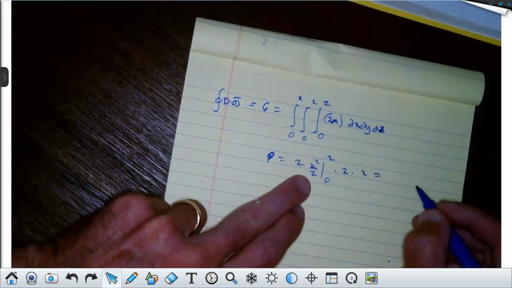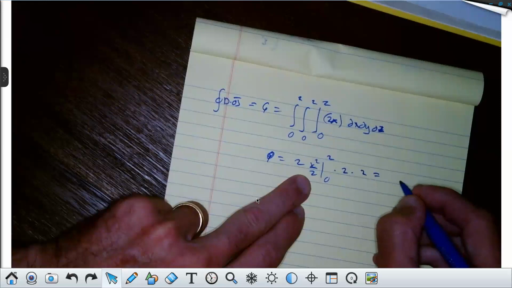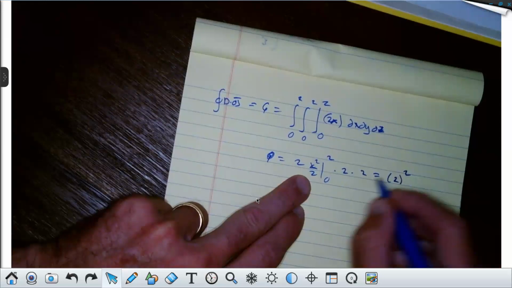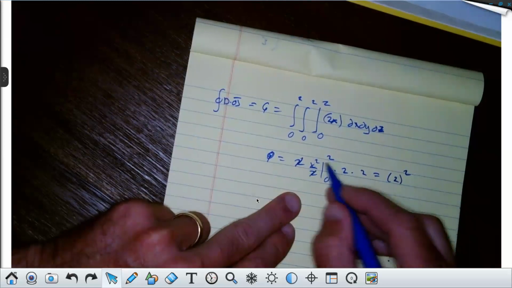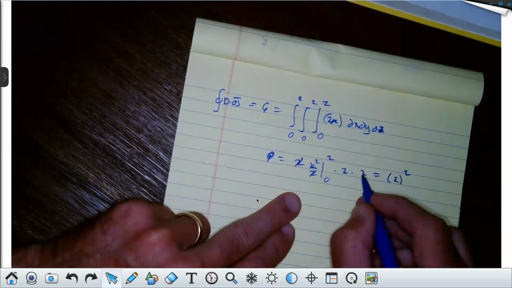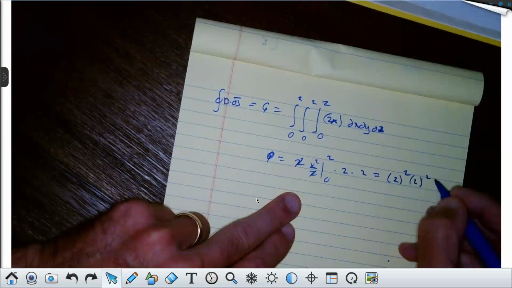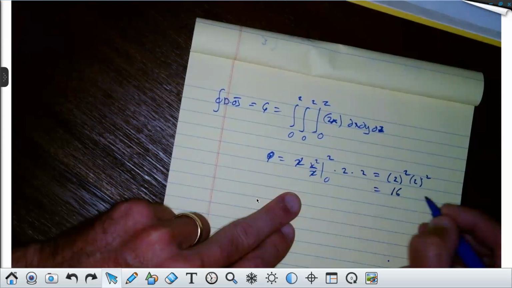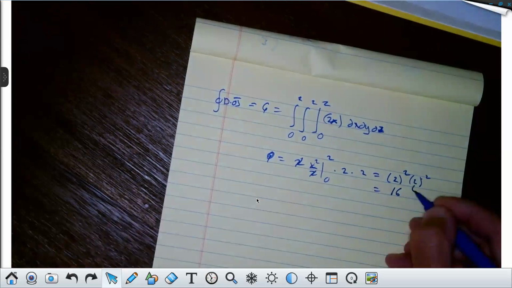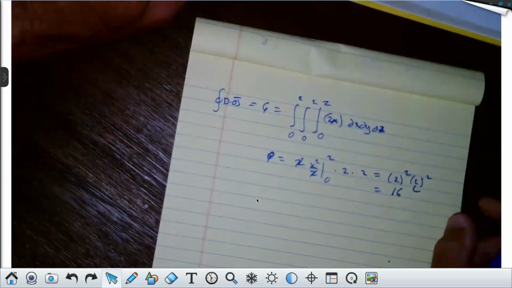I can cancel those 2's, and I have 2 squared right here. I can cancel that one and that one, and just evaluate this at 2 is 2 squared times 2 squared. That's 4 times 4, right? Or 16.